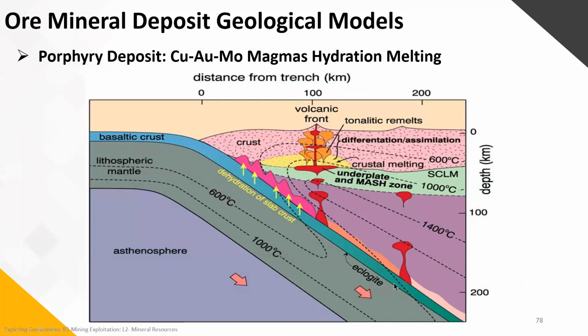That means basically where we have copper, gold, molybdenite magmas, from hydrous melting at deeper zones within subduction zones. So meaning also at deeper depth and higher, warmer temperatures.